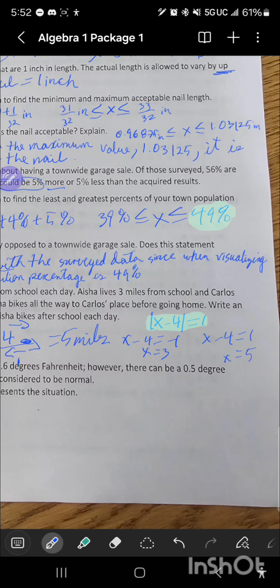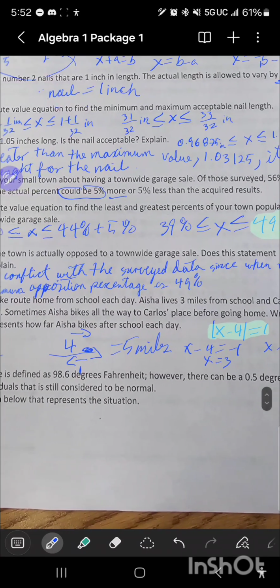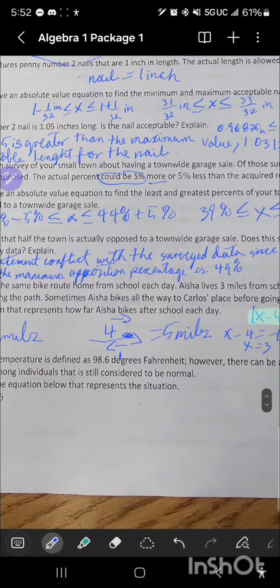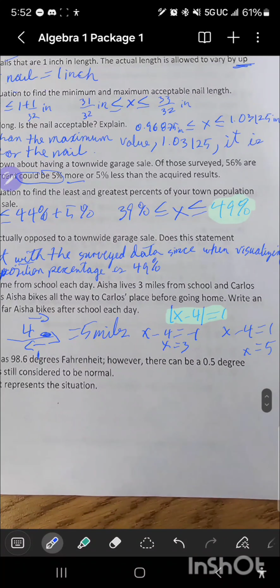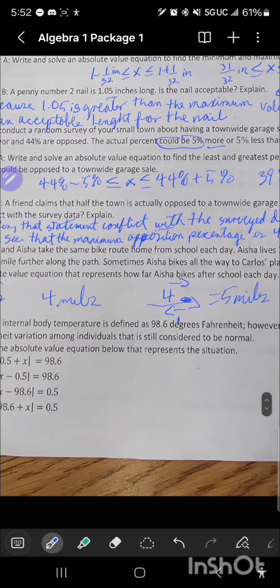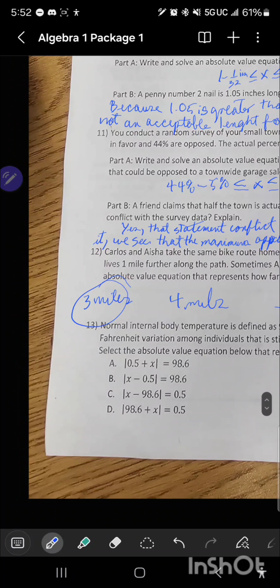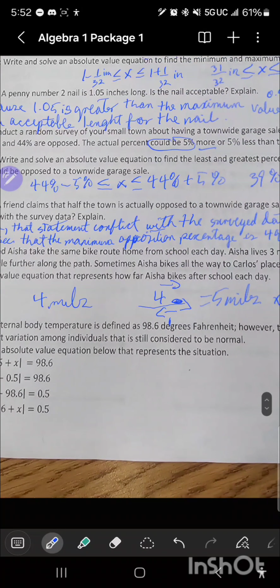That's basically how I would do it, just trying to look for an equation by logic that when you solve it gives the true results you want, which represents how far Aisha bikes after school each day. So the answer is either 5 miles, the days she goes to Carlos' house, or 3 miles the days she goes home.